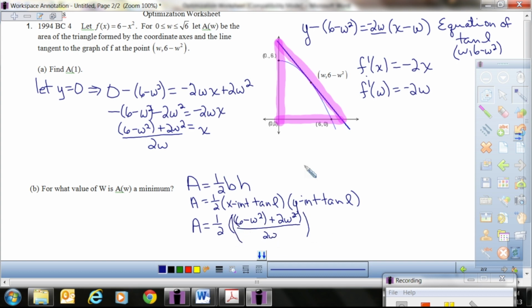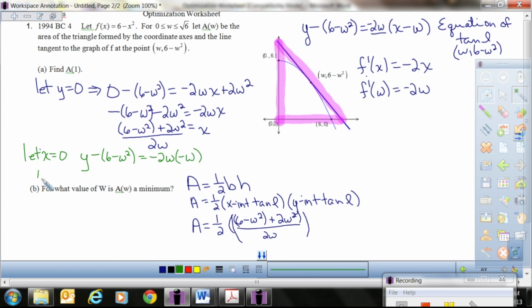Okay, so now I must find the y-intercept. To find the y-intercept, you let x be equal to 0. I'm going to do this in a different color so we can differentiate these. So let x equal 0. When you let x equal 0, you get y minus 6 minus w squared equals negative 2w times negative w, because you put 0 in for x.